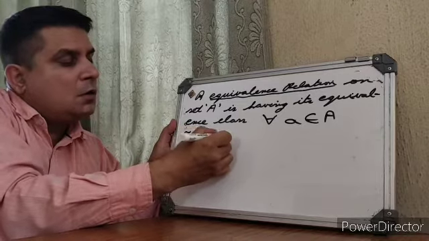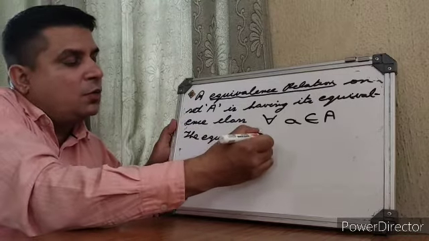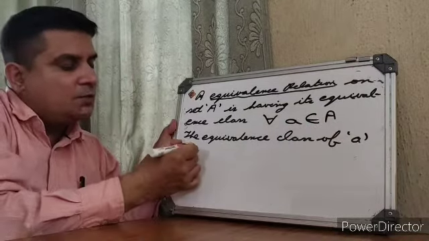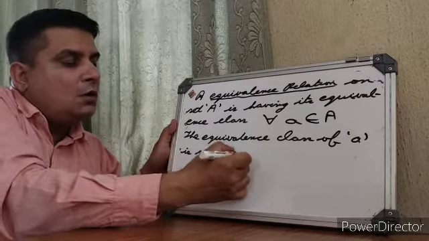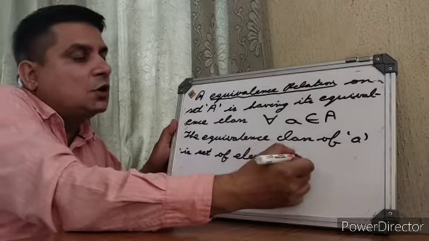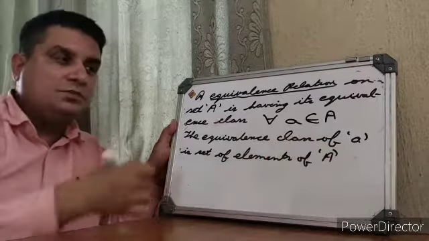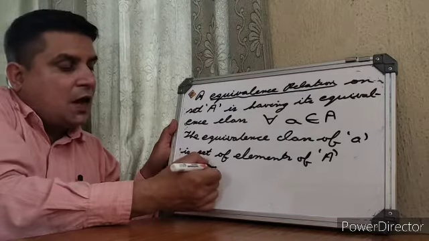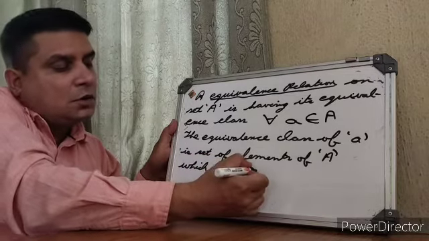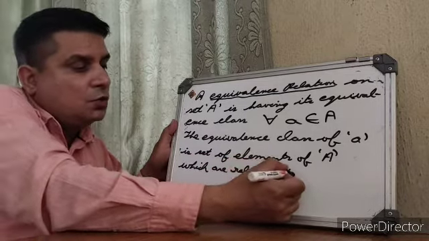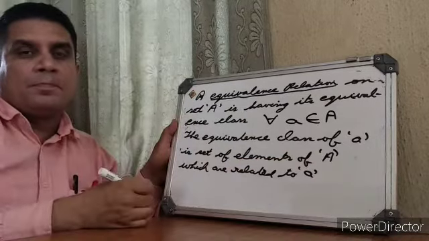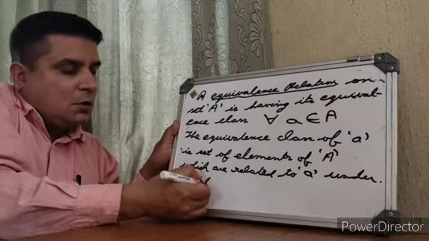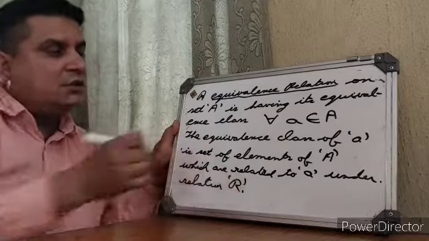The equivalence class of a is the set of all elements of A which are related to a under relation R. So this is the definition.